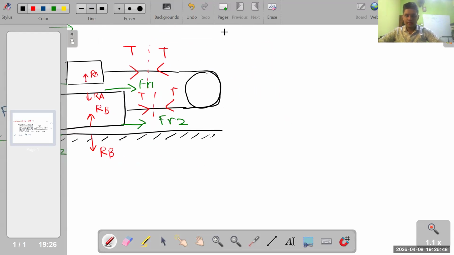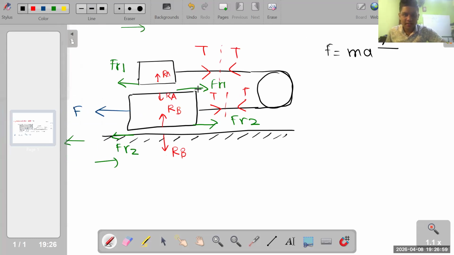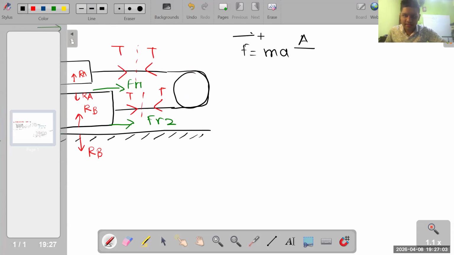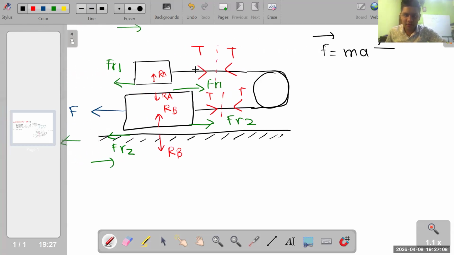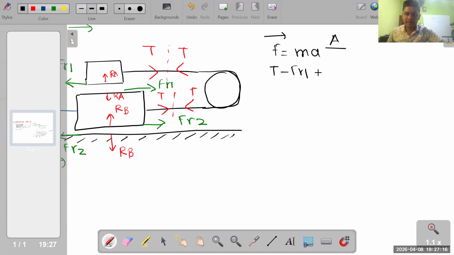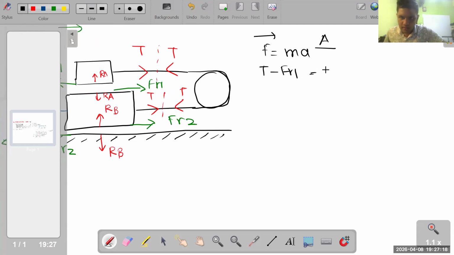Okay, right. Now I'll apply the F equals ma equation for mass number one, which is A, the top one. It moves in which direction? It moves to the right side, so I'll mark it in this direction. Let's see what the forces are. In the right direction, tension T is acting, and friction is acting in the opposite direction, which means minus FR1.